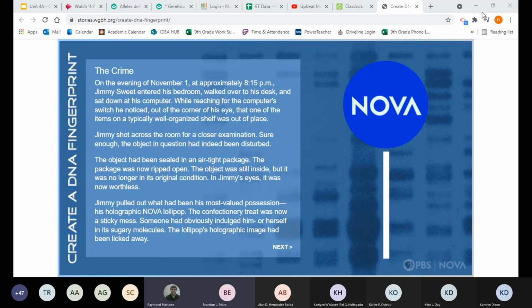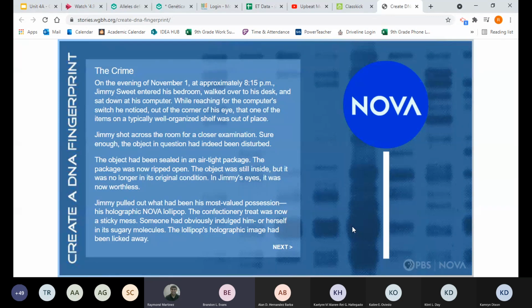Jimmy shot across the room for a closer examination. Sure enough, the object in question had indeed been disturbed. The object had been sealed in an airtight package. The package was now ripped open. The object was still inside, but it was no longer in its original condition. In Jimmy's eyes, it was now worthless.